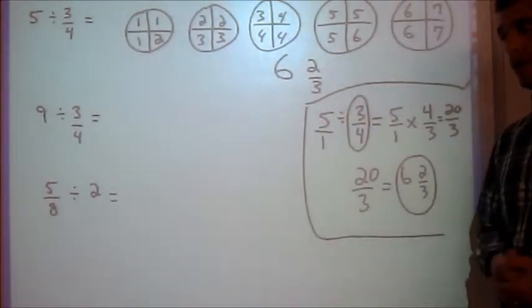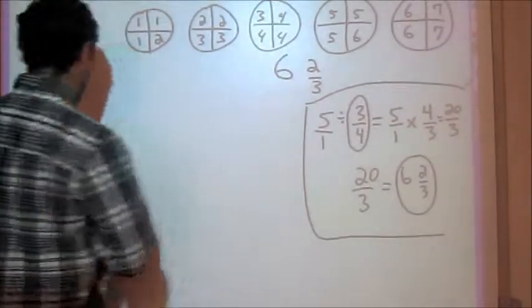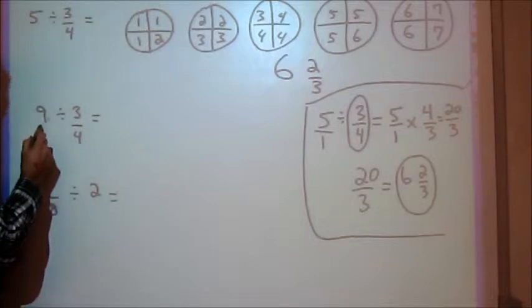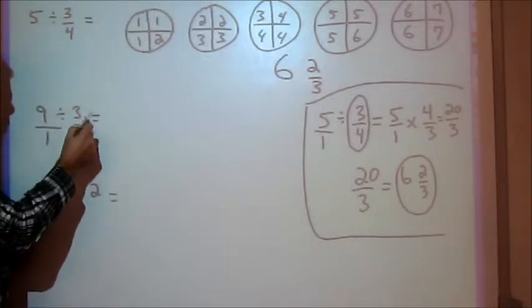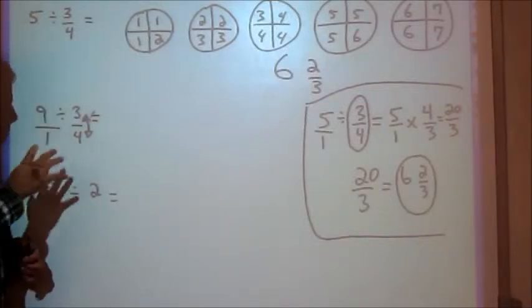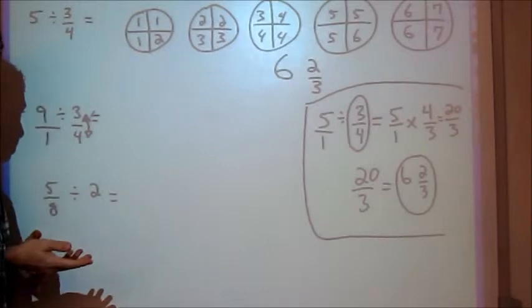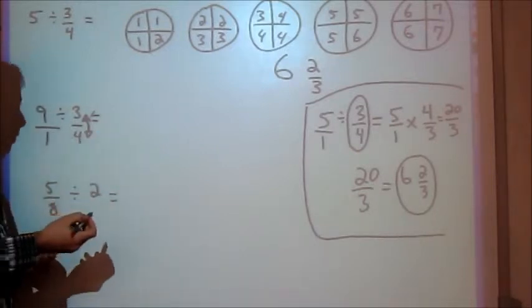How about 9 divided by 3 quarters? What we can do is put 9 over 1, and use the reciprocal of 3 quarters, and then just multiply straight across. This process is also known as cross multiplying. You may have heard of it called that. That's basically what we are doing.